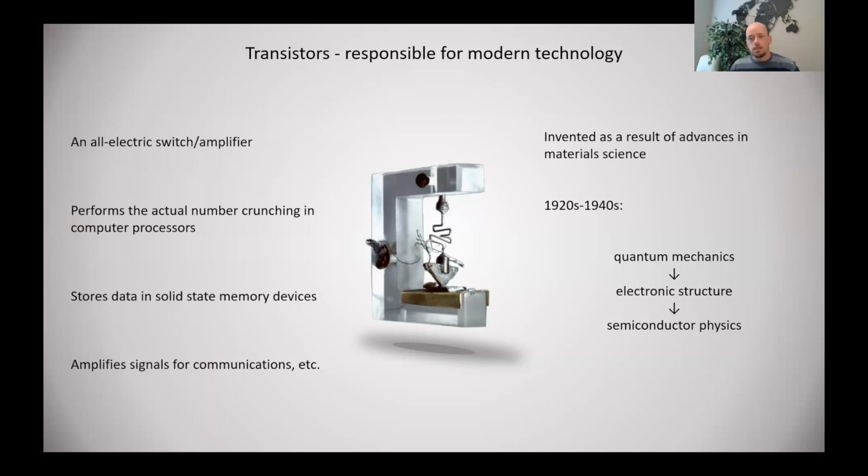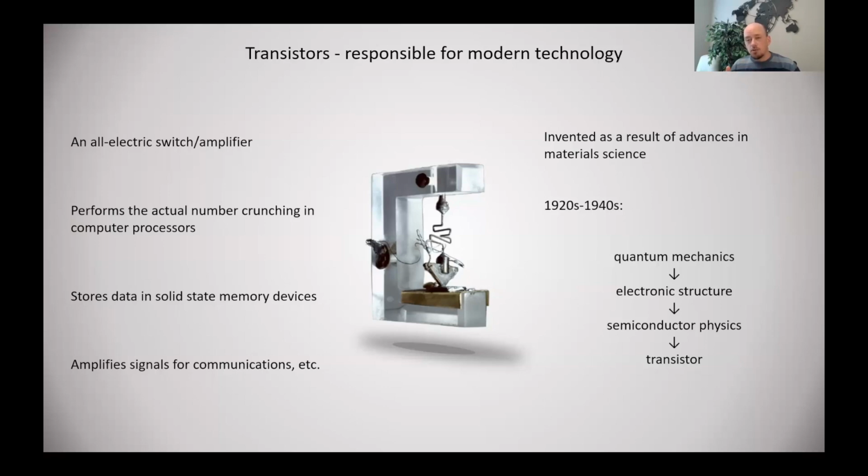This whole field of semiconductor physics was born out of our understanding of electronic structure. And then finally, there was an aha moment in, I believe, 1939, that with our understanding of semiconductors, we should be able to build a device that would eventually be called the transistor, that could be used as our electrical amplifier and our switch.